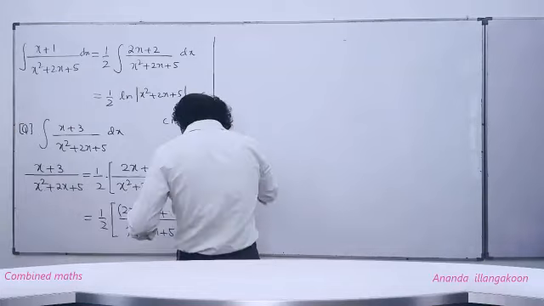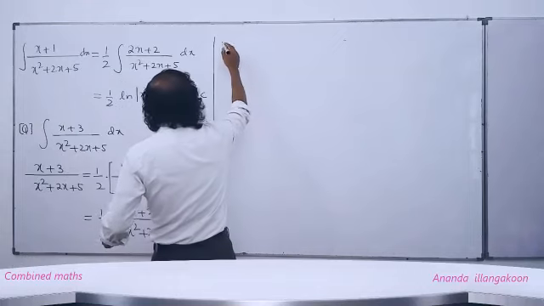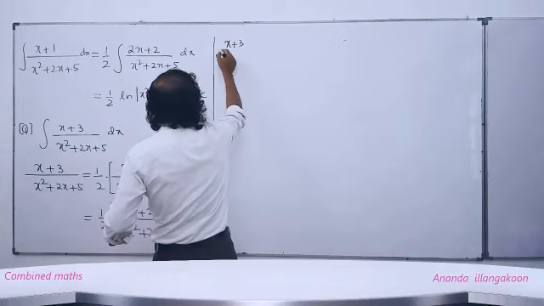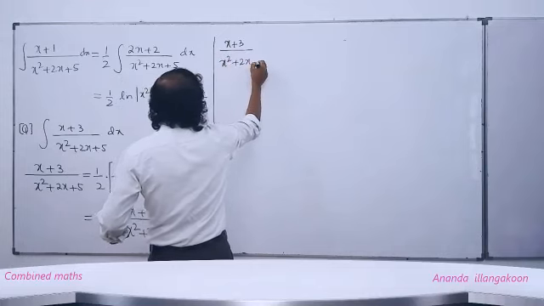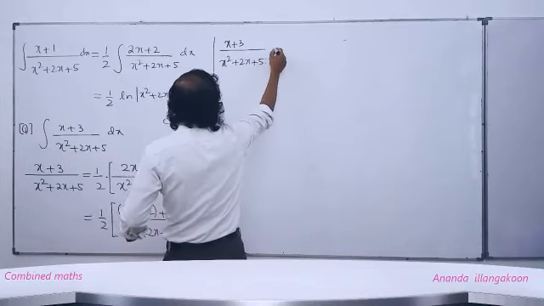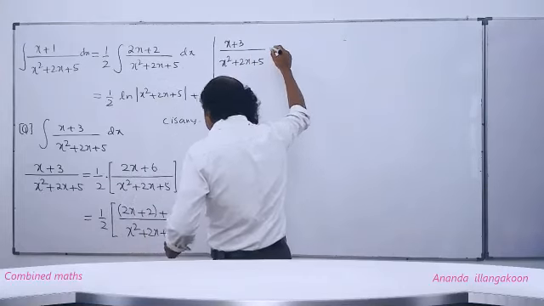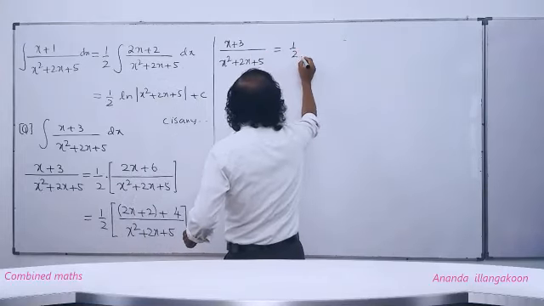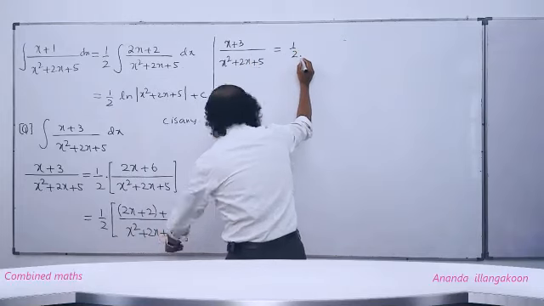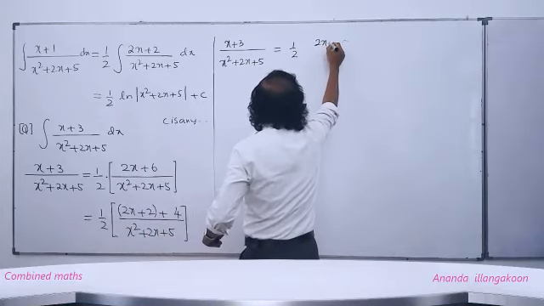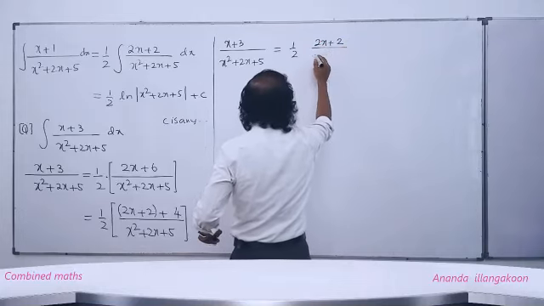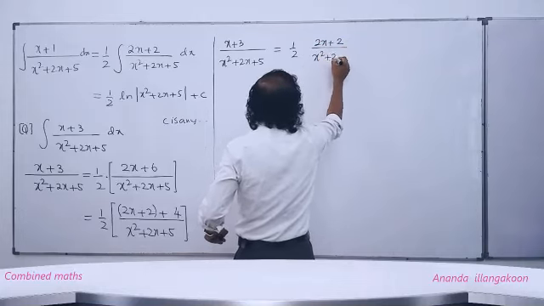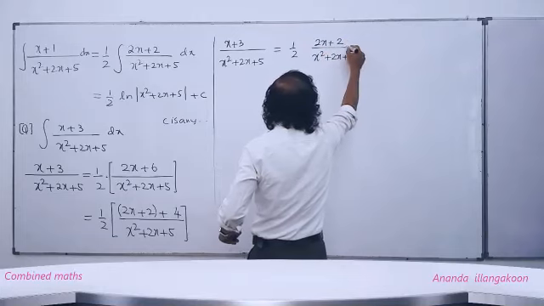When we get here, people, x plus 3 upon x squared plus 2x plus 5, right? Half times we divide this by this: 2x plus 2 divided by x squared plus 2x plus 5.